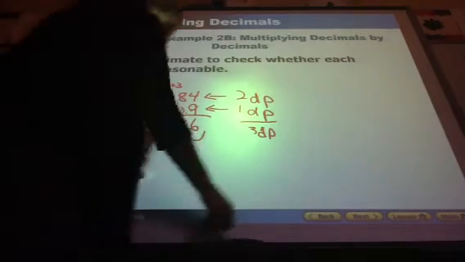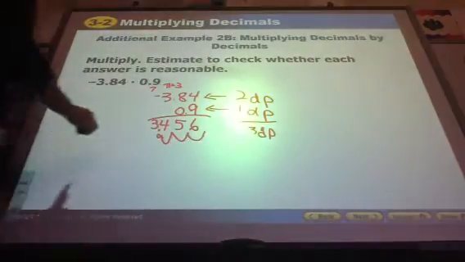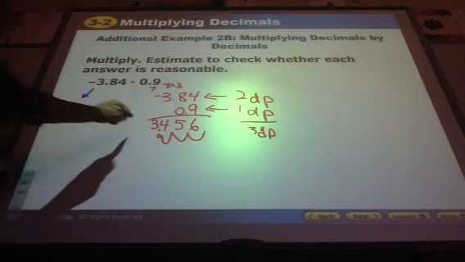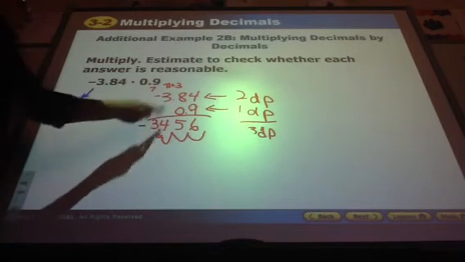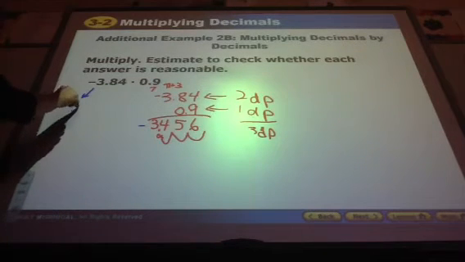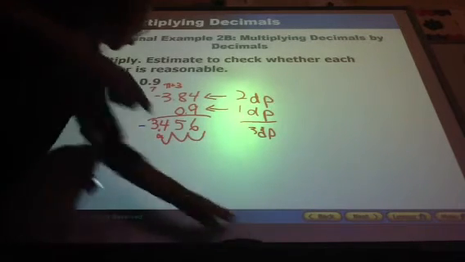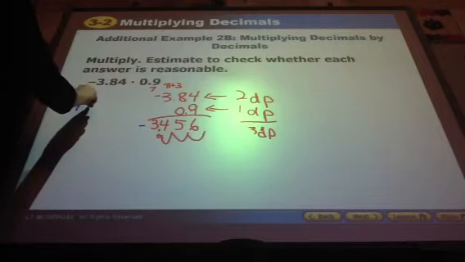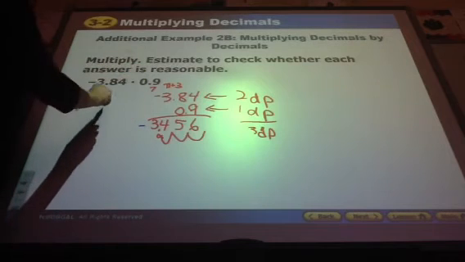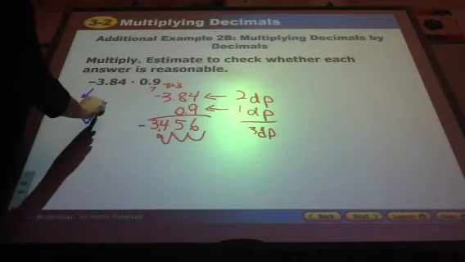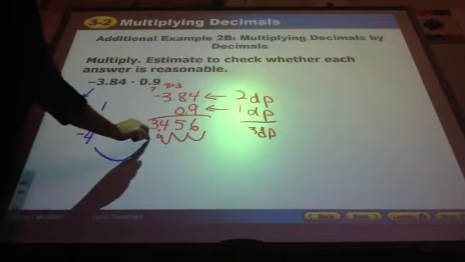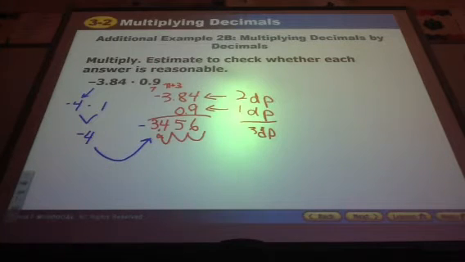If we estimate, 3.84 is negative. Ooh, answer is negative. Negative times positive is negative. So that's going to be approximately negative 4, because we're rounding to the nearest 1. And then times 0.9, that'd be about 1. And negative 4 times 1 is negative 4. And that's very close, so that will work.